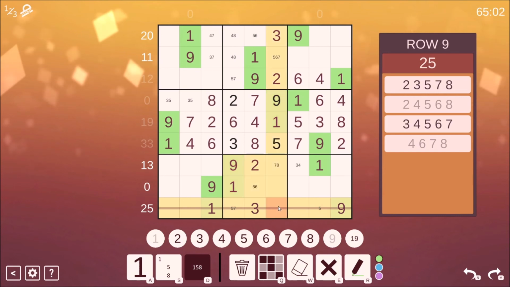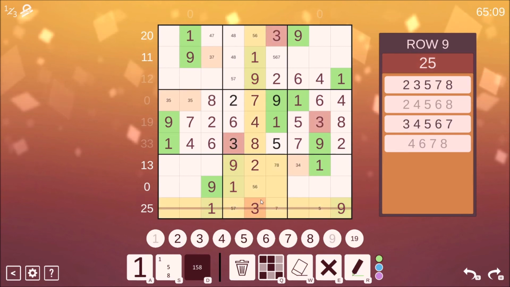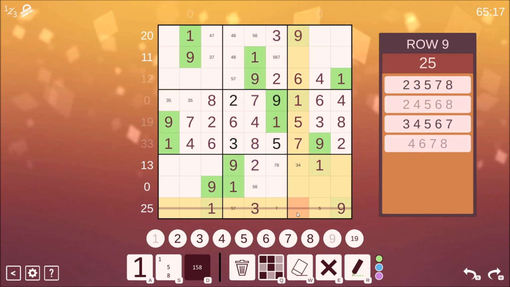A 7 would have to go in one of those two. We know our 3 position. So what else would we have? We would have either an 8 and a 2, which would be a 2, 8. Or we have a 3 and a 4. Or no, sorry, a 4 and a 6.